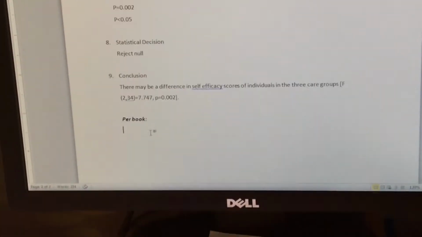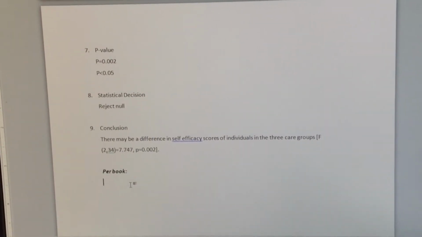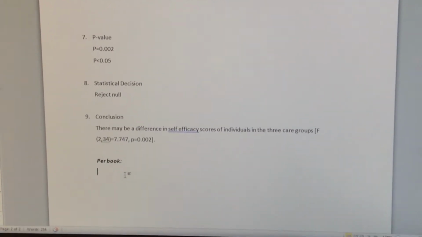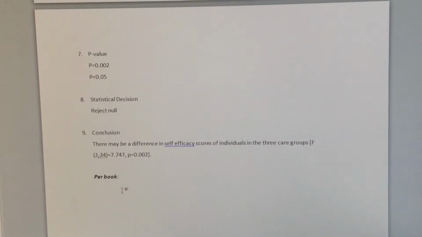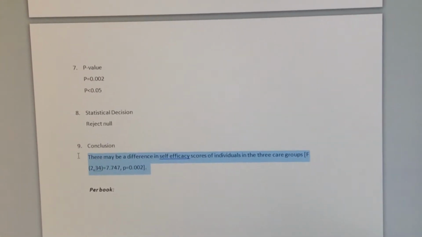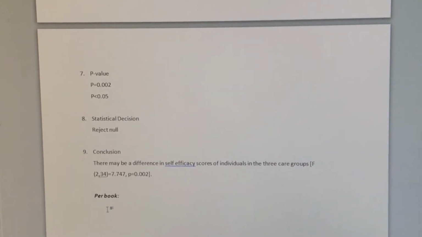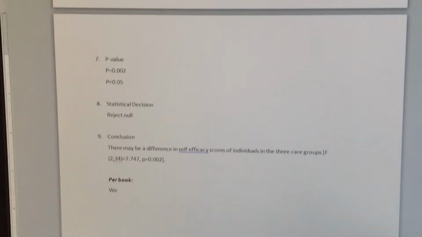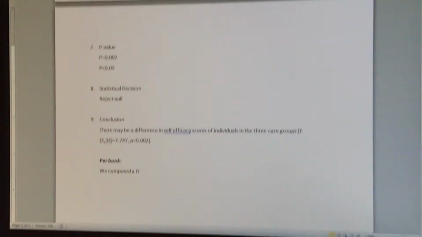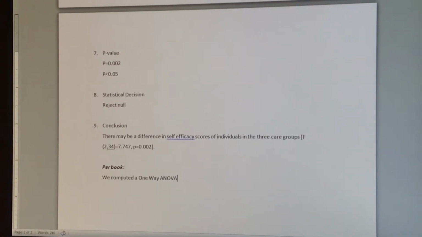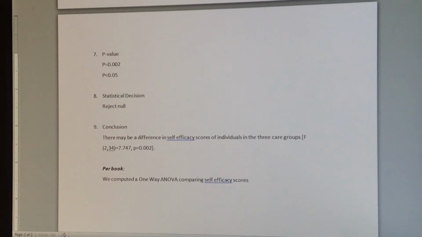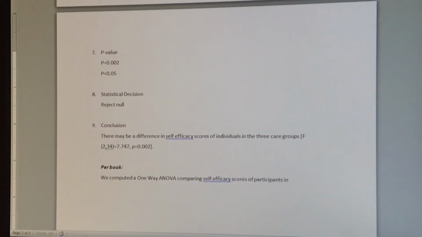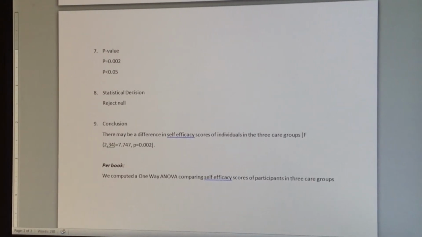Okay. Now, based on the book, again, the book provides a much more comprehensive explanation of this, and that's really nice when you are reading things in journals. You want to know more than there may be a difference. So let's look and see what the book tells us. If you look in your book, it says, we computed a one-way ANOVA comparing self-efficacy scores of participants in 3 care groups.